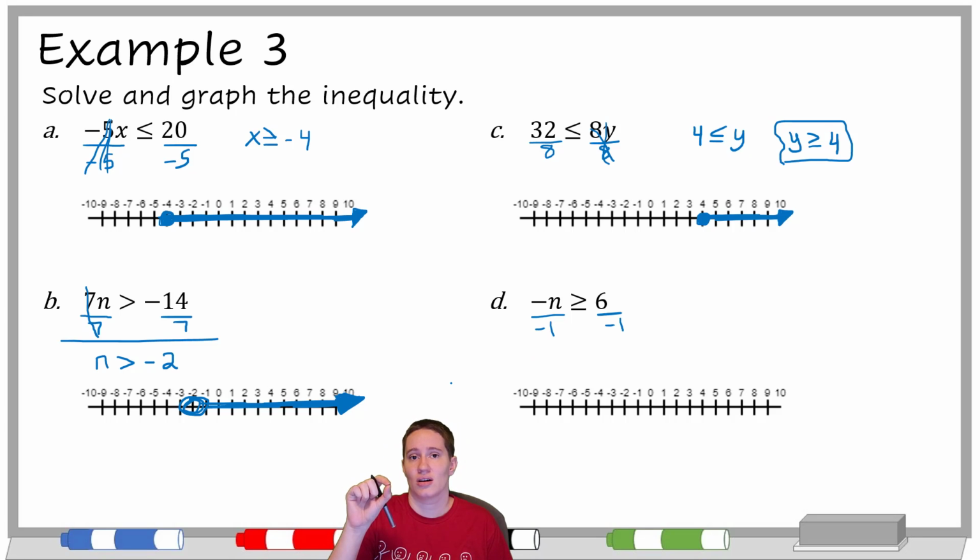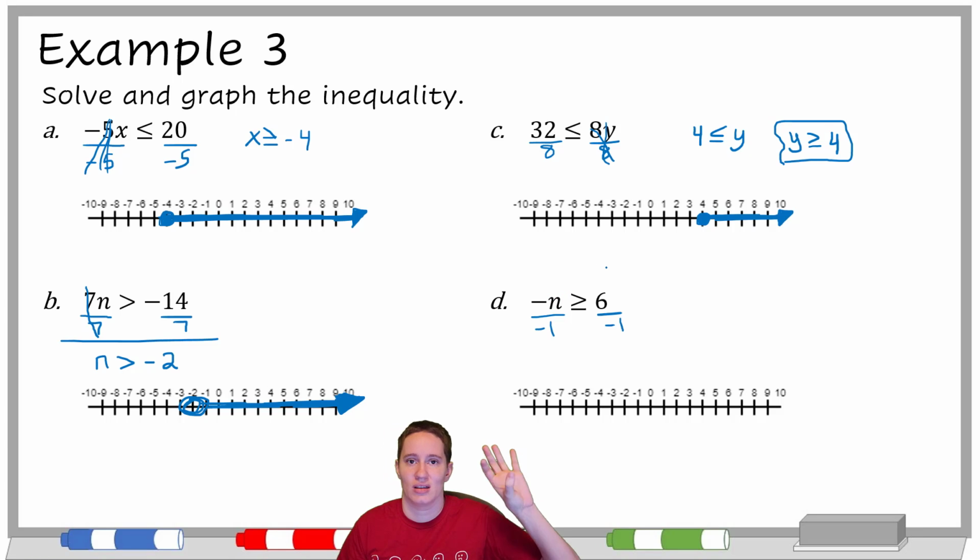You could also just think, I know that if it's -n and 6, I need to make it +n and -6. But we need to realize it flips the inequality, because what I'm actually doing when I move that negative across is making the opposite of what we started with true. So n is less than or equal to -6. So filled-in circle at -6, and then graph to the left.